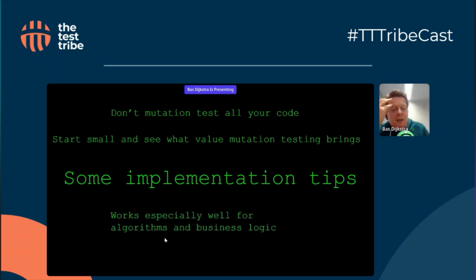And I think it works especially well for things like algorithms, business logic, exactly the kinds of things that I showed you in the demo, these business rules and the tests around those business rules. And I think mutation testing is a great way to make sure that the tests that you write around those crucial parts of your application code are actually trustworthy, are actually giving you the information that you're looking for in a reliable manner.